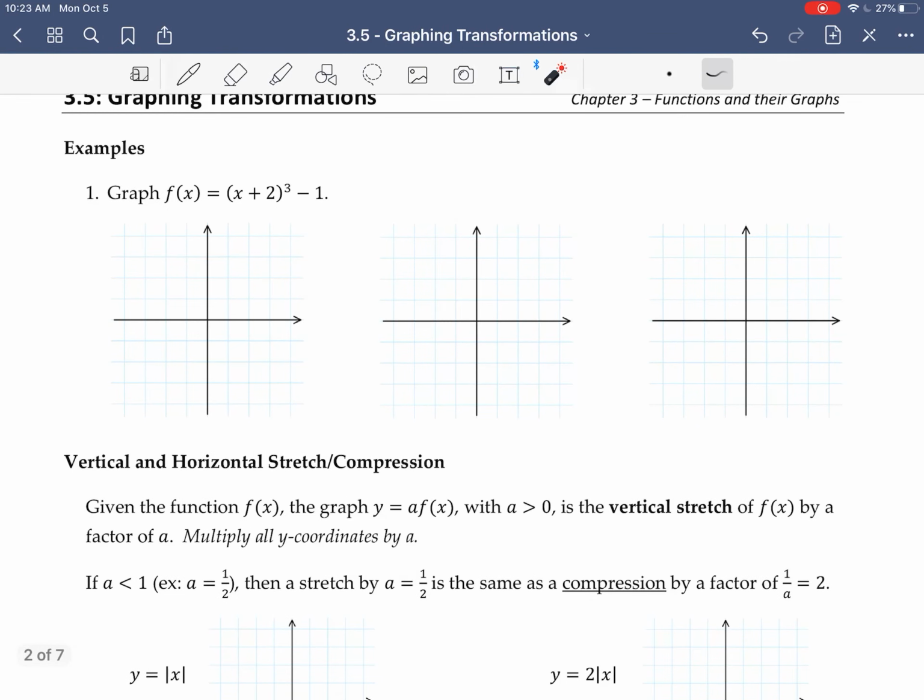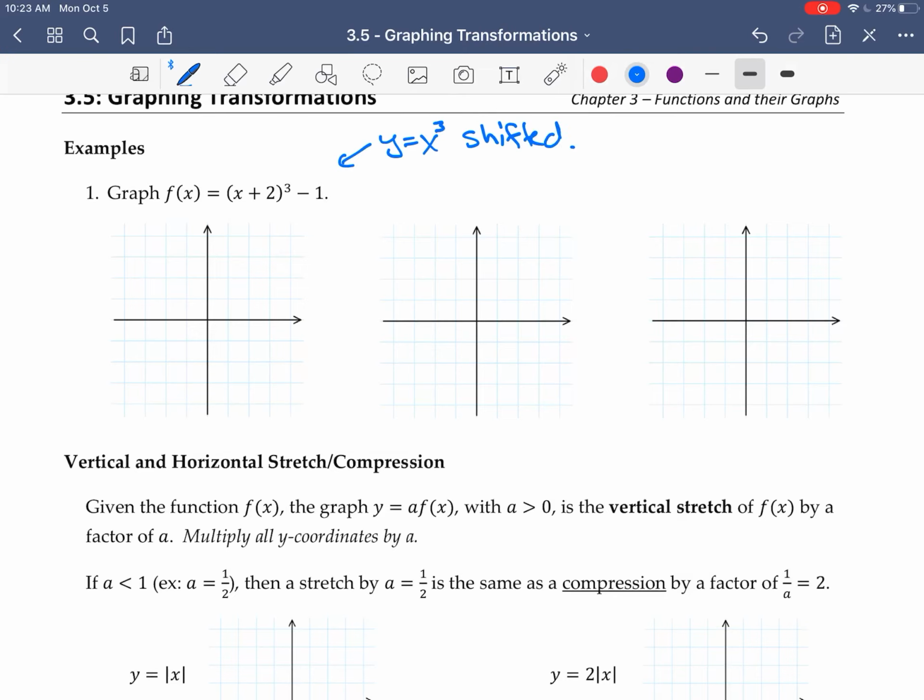Okay, so let's put these together. Here I want to graph the function f of x is (x plus 2) cubed minus 1. Because of the cube, this is the y equals x cubed graph shifted.